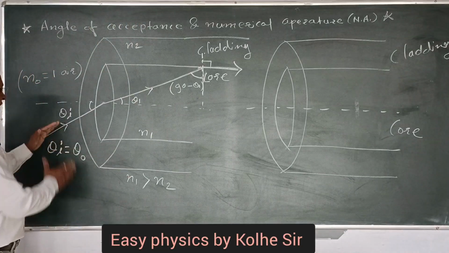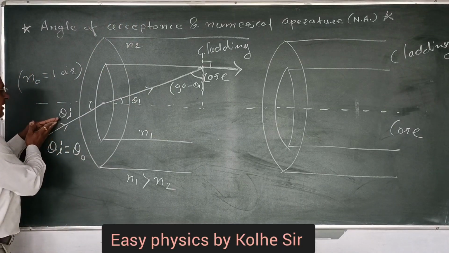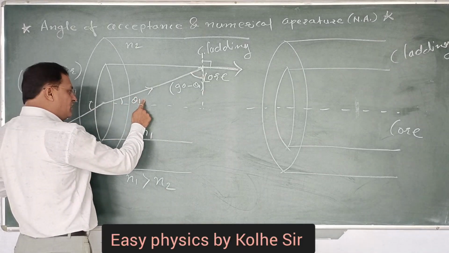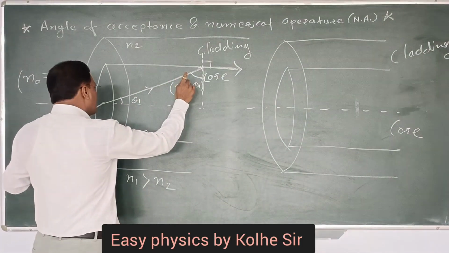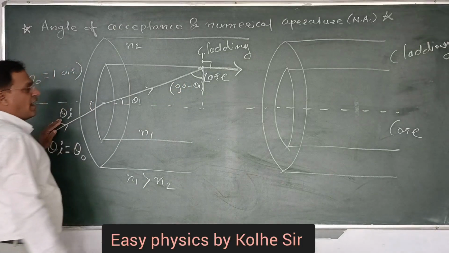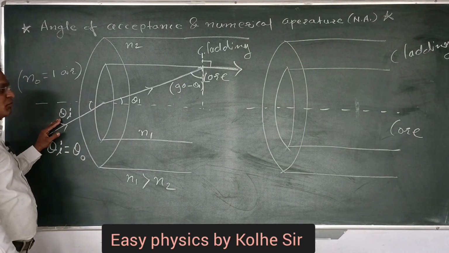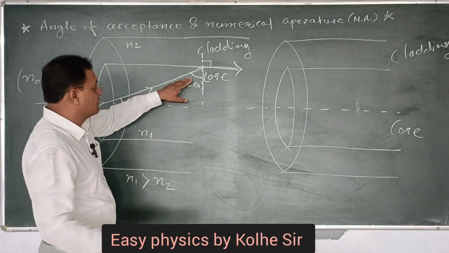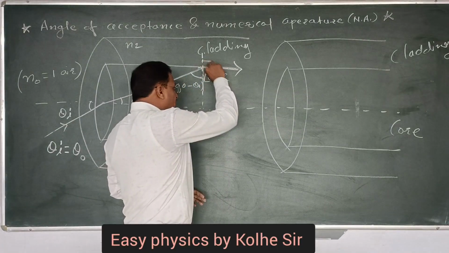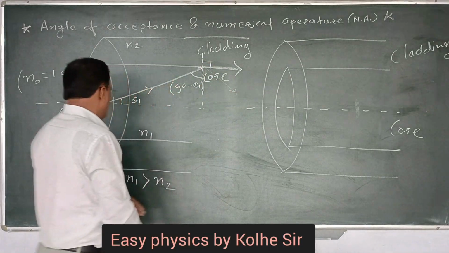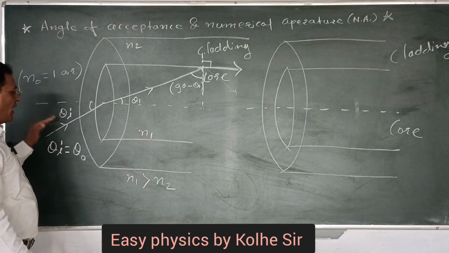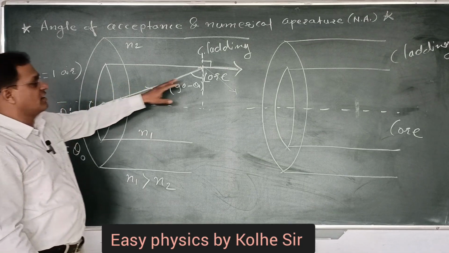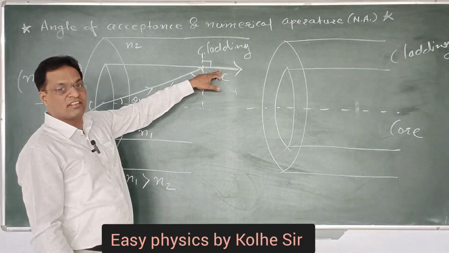Dear friend, as we decrease this angle, then this angle is also affected. So this critical angle also changes, meaning the angle varies and then the ray of light is internally reflected. But this is the maximum angle at which the ray of light is refracted at 90 degrees.